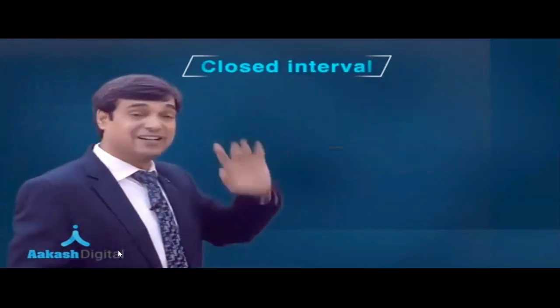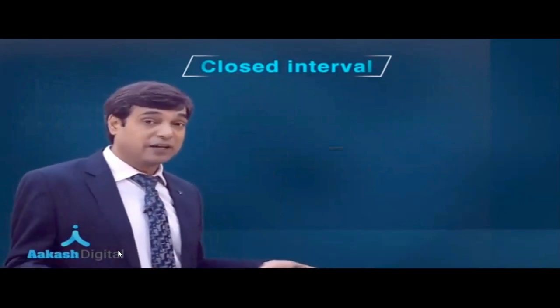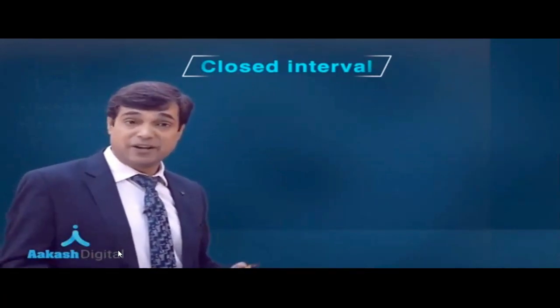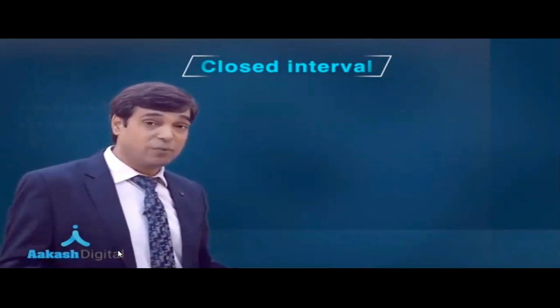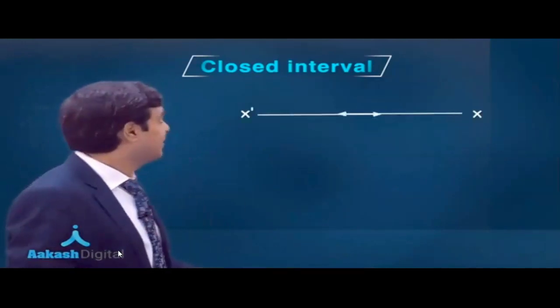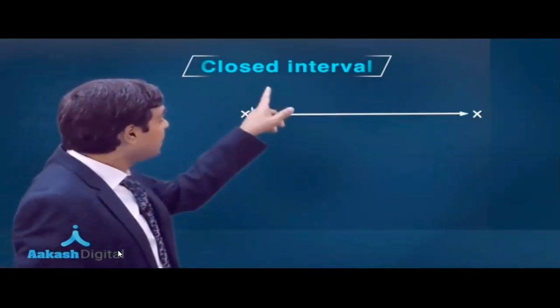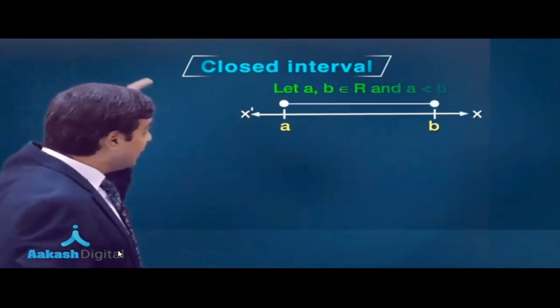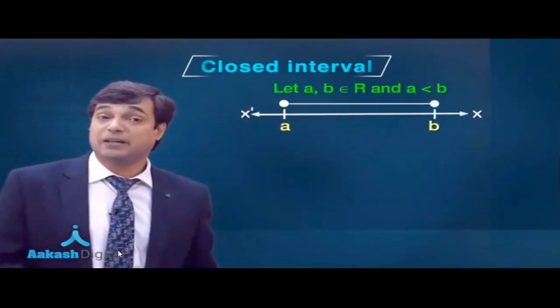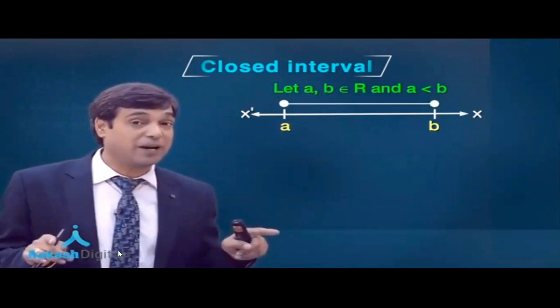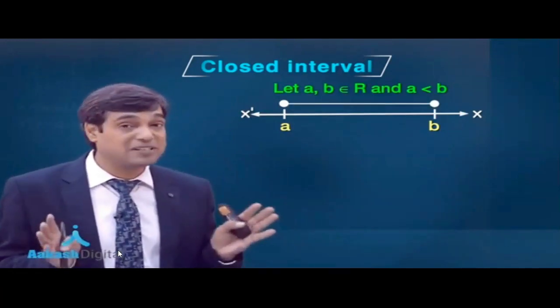Next is closed interval. How are you going to define closed interval? What is the basic difference from the open interval to this closed one? Let's understand. Numbers lying between A and B and including both endpoints A and B, that is termed as closed interval.